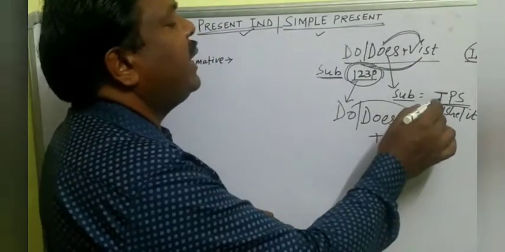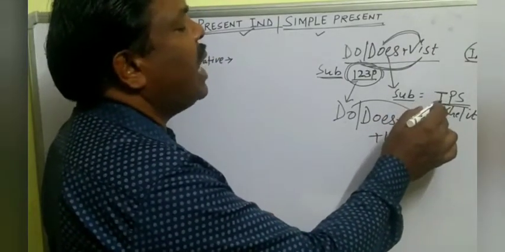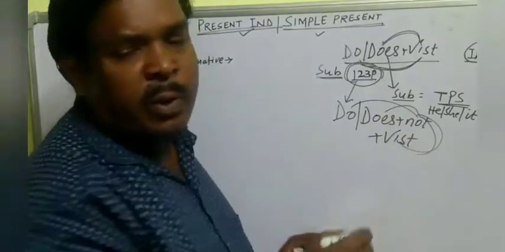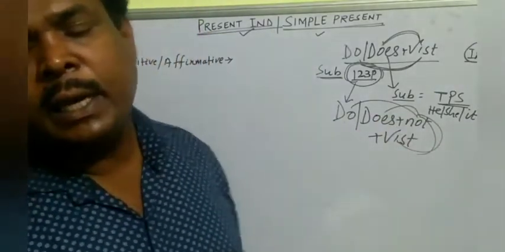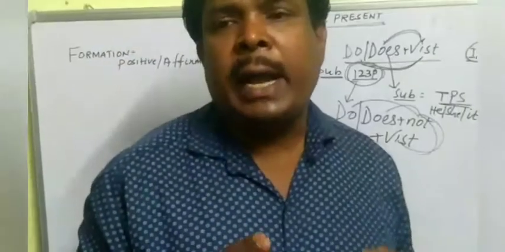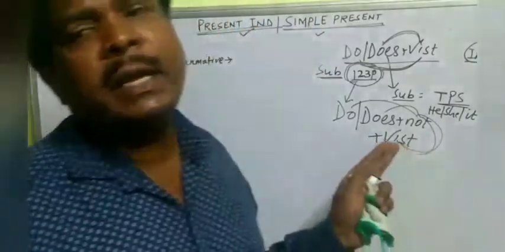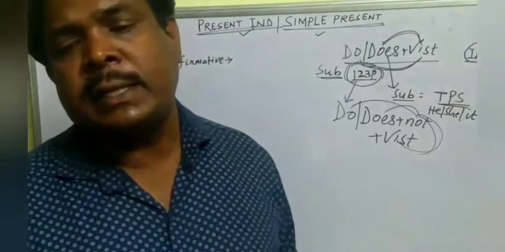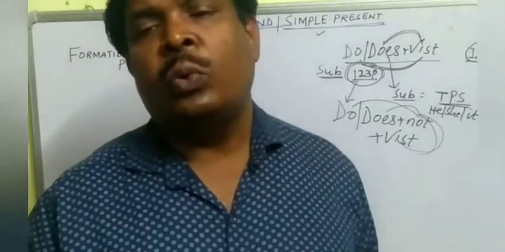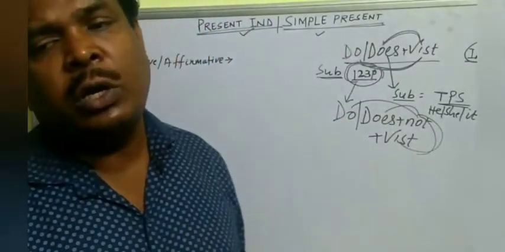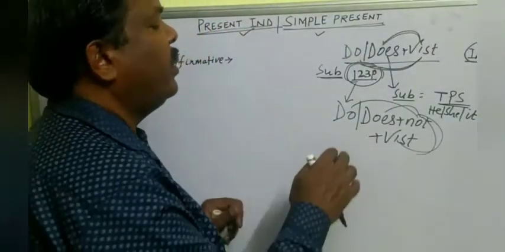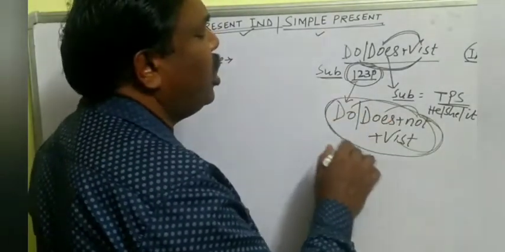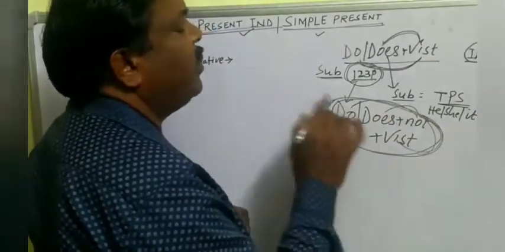But if the subject is TPS, means third person singular number, then use does not plus first form of verb. Is it clear? In negative sentences we use do not or does not plus first form of verb.